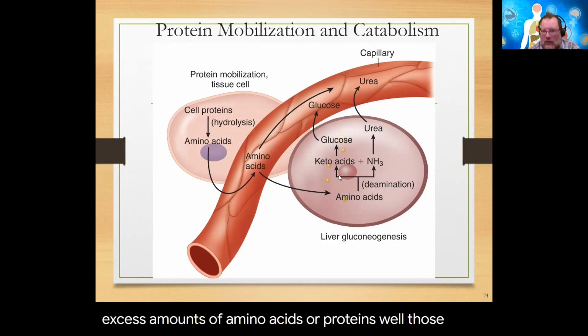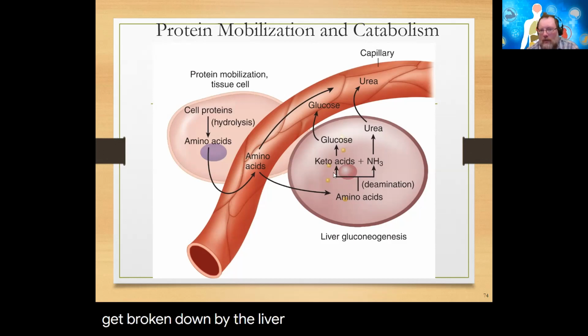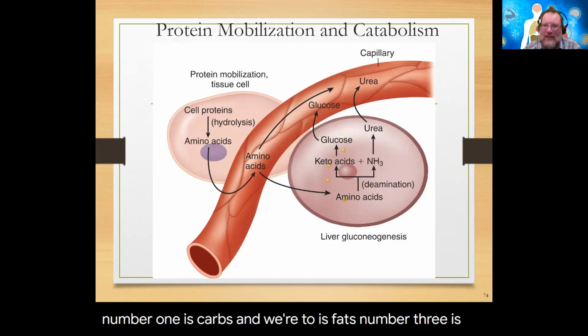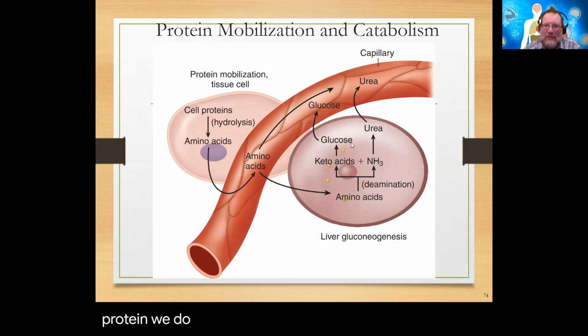Well, those can get broken down by the liver through gluconeogenesis, and we can get glucose that way. It's the third most preferred form of getting glucose, by the way. Okay, so number 1 is carbs, number 2 is fats, number 3 is protein. Okay. We do get some, but man, that should not be your primary source of glucose.